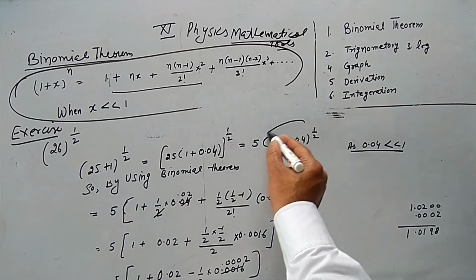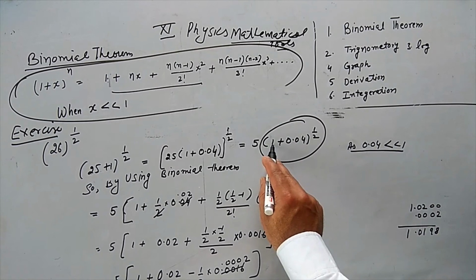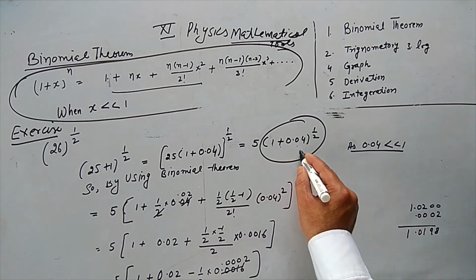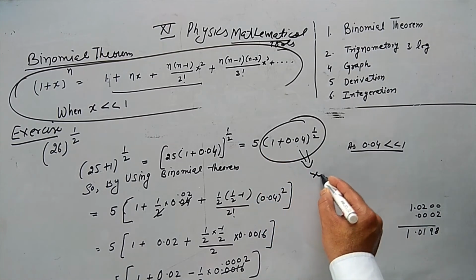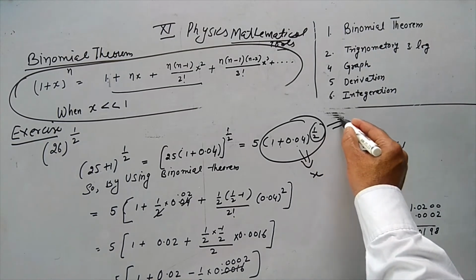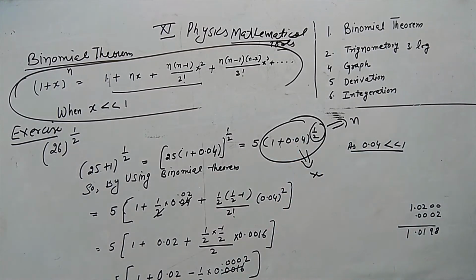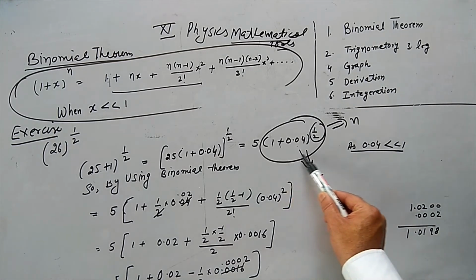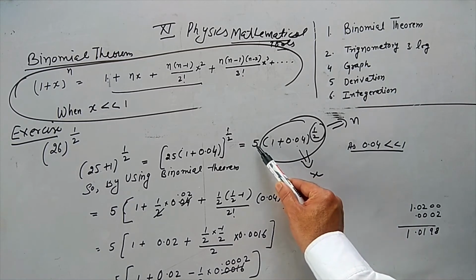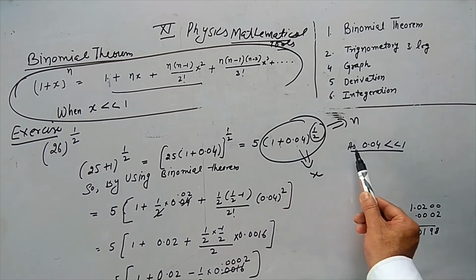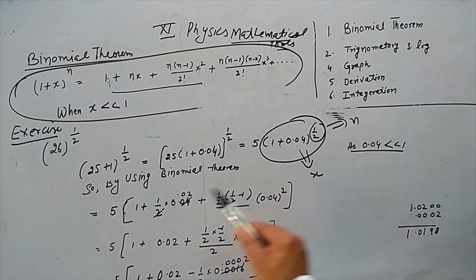Now in this equation 1 plus x to the power n, this is the x and this is the n. x is now 0.04, it is very much less than 1, so the binomial can be used here. The 5 will be outside; as this is less than 1, we are using the binomial.